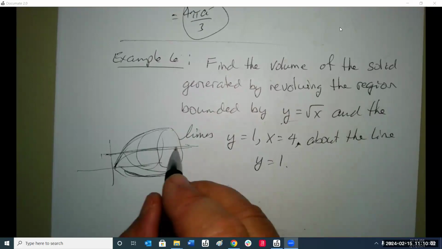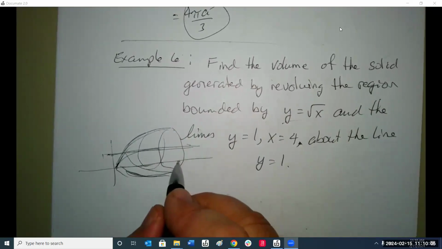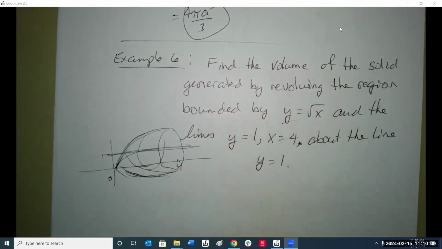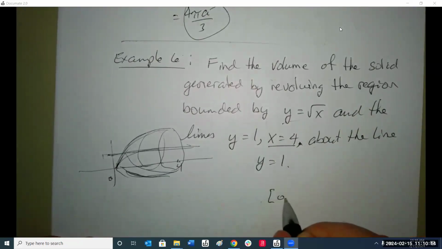So the ending is at 4. So my bound is going to be from 0 to 4.